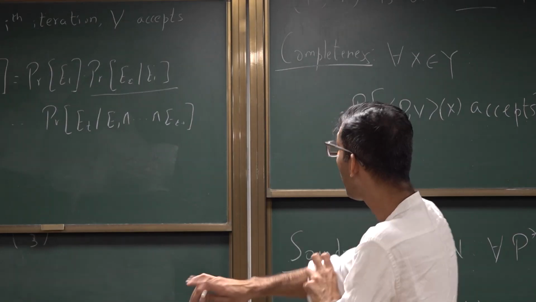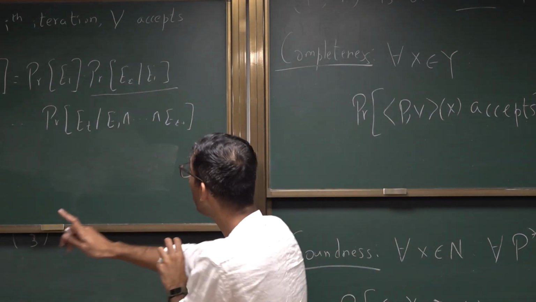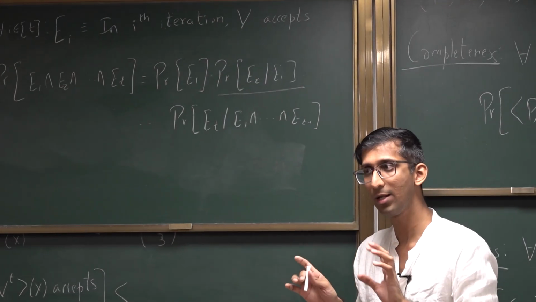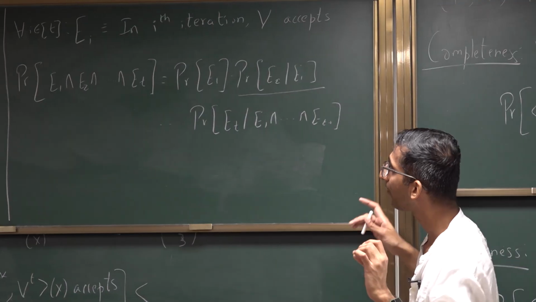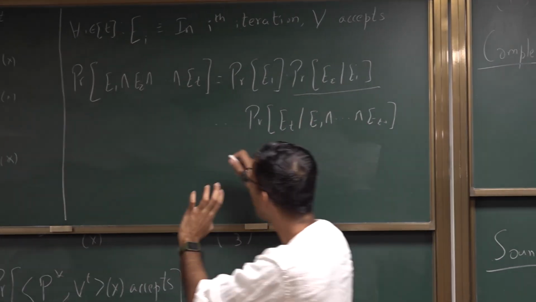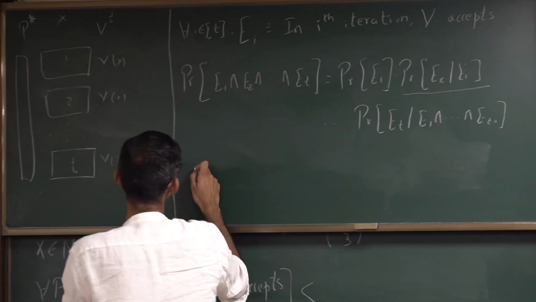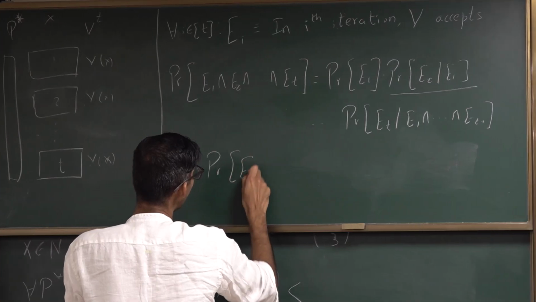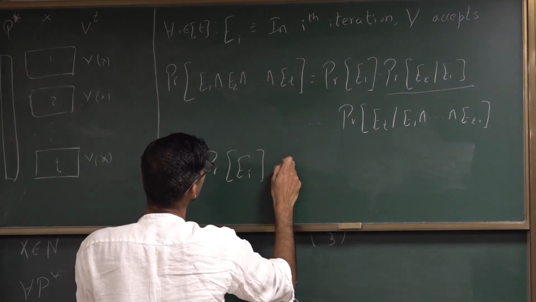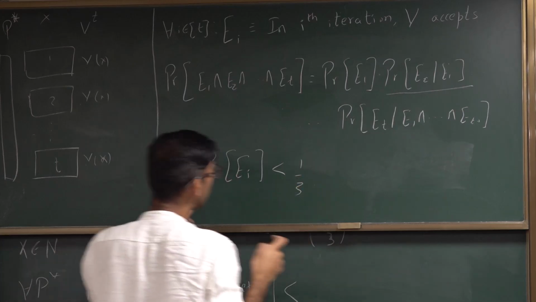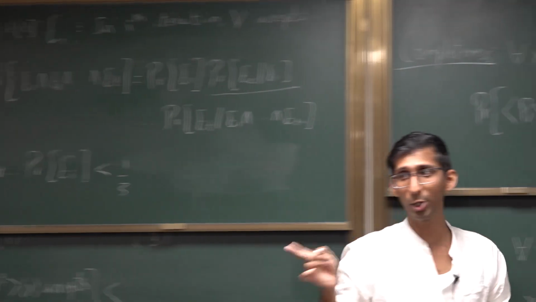Okay, so let me repeat that, but before I go there, let me point out what is happening here, and how it squares with the example I just gave, right? What did I just say? I said that this may not be equal to the probability that E2. What you know is that for every i, the probability that E_i happens is at most 1/3, right? Because if it is not the case, then it contradicts soundness, and this is what we want to argue right now.